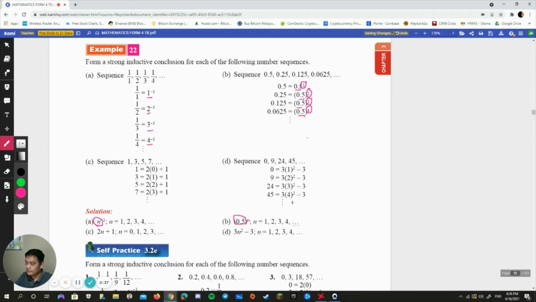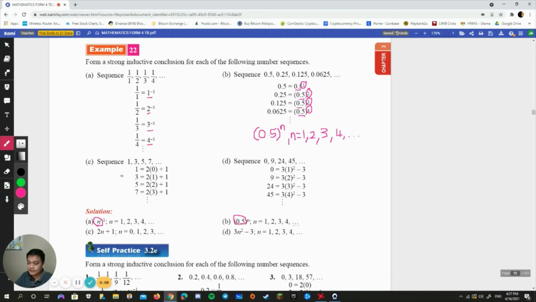So 0.5 to the power of n. And then you write down the value of n: 1, 2, 3, 4, and so on, dot, dot, dot.